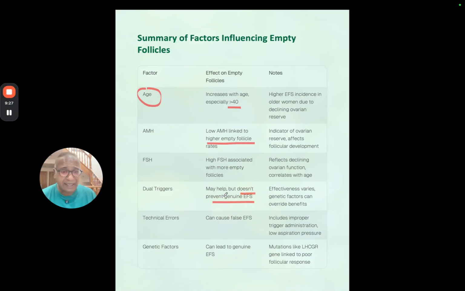Effectiveness varies, and genetic factors are not treated. Technical factors, such as improper administration or improper doses, can be changed. Genetic factors, such as mutations in the LHCGR gene, are linked to poor response.